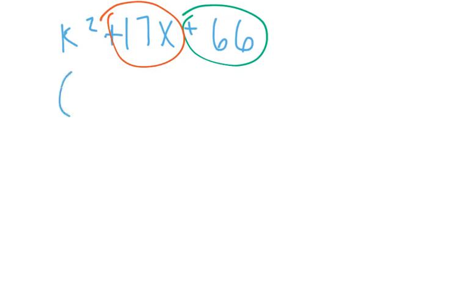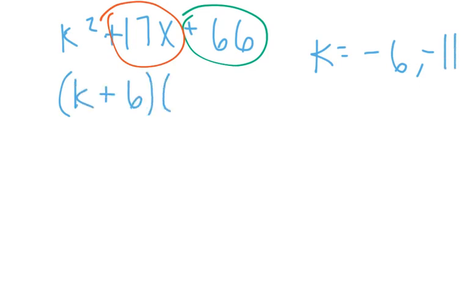We should find that we get k equals -6 and -11. So our factors will be the opposite, k plus 6 times k plus 11.